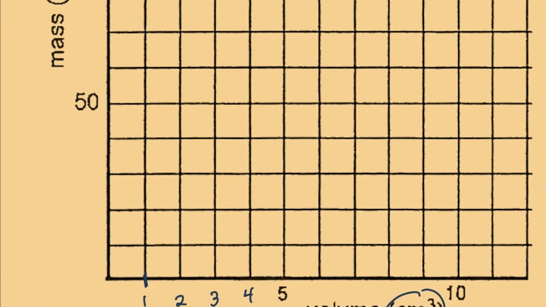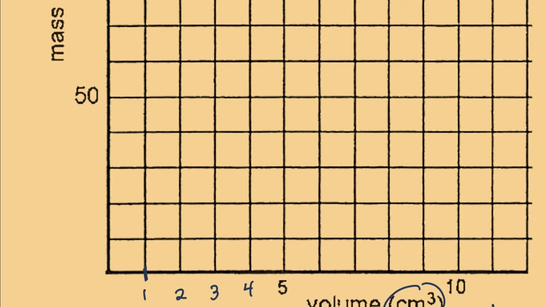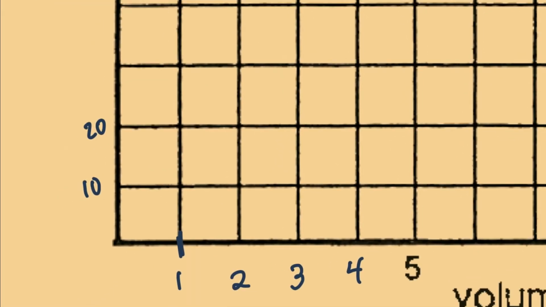If we're counting by tens, 10, 20, 30, 40, 50, then 4.54 would be about there, maybe. And so my first point on this graph is going to be right there. That would be the mass of 1 milliliter or 1 cubic centimeter of titanium.